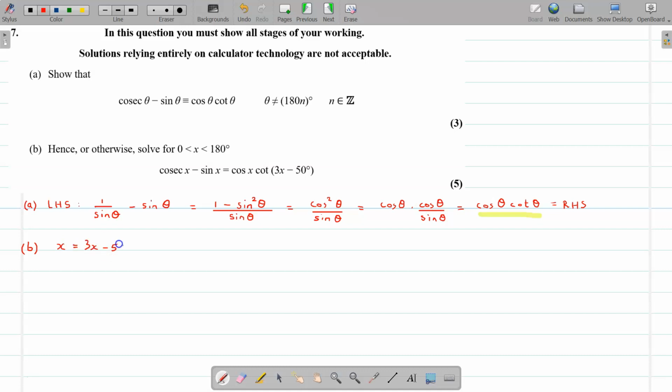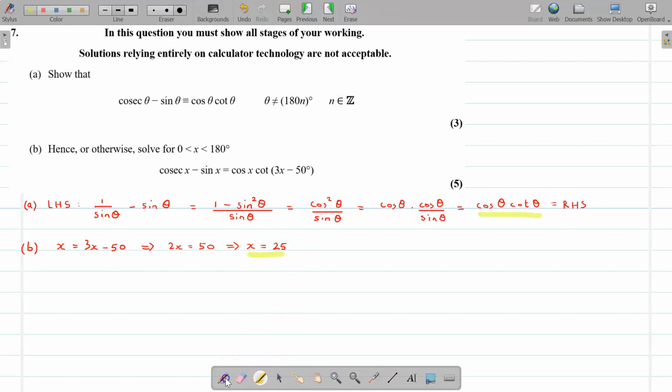Okay, it is almost too obvious, and of course you could then follow that on to say that therefore 2x is 50, okay, and therefore x is 25, which is indeed one of the solutions, okay? And that's perfectly okay. But the risk is there that you think that's it. And if you've got your graphics calculator, you would see that it's not.